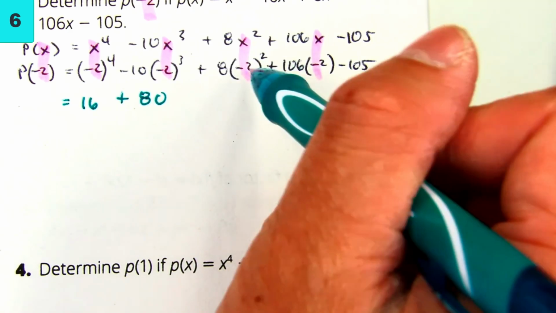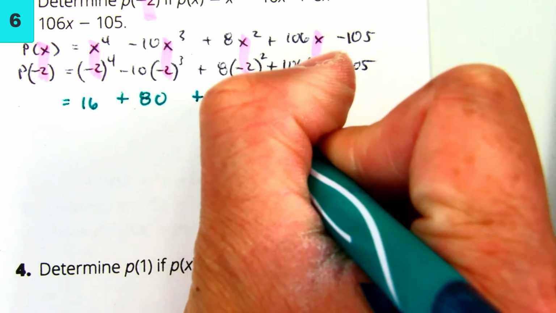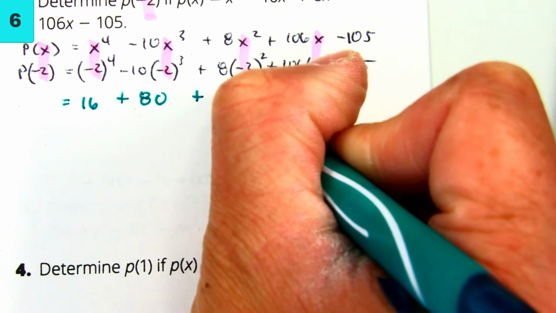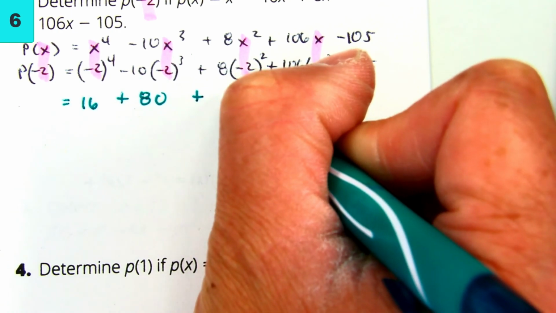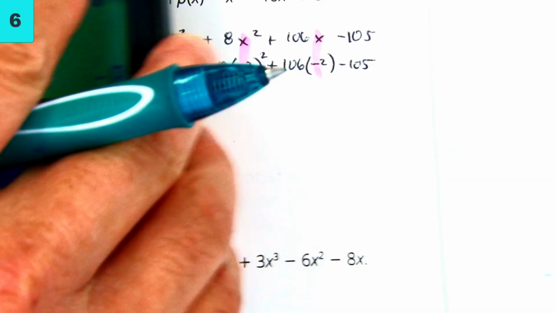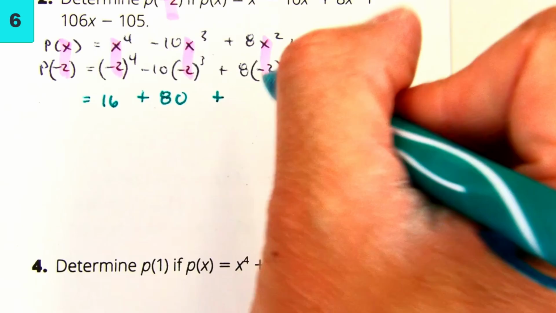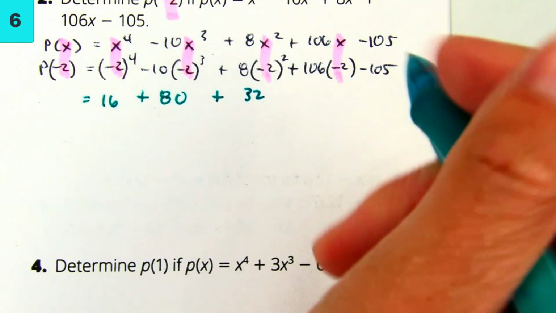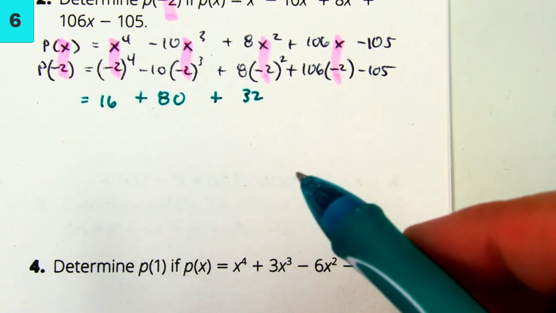And 4 times 8. 30 what? 4 times 8? 32. Megan, -2 times 106. Positive or negative?